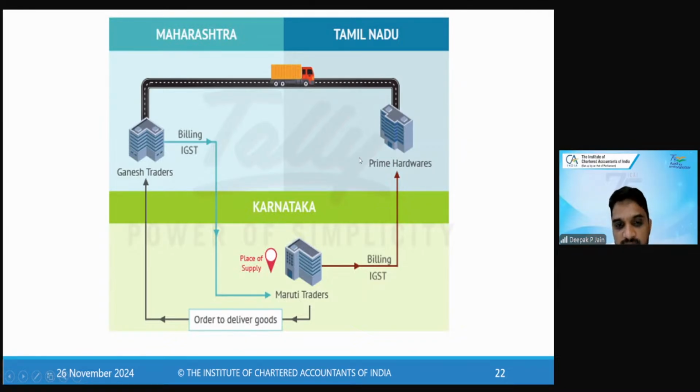Shipping to Prime Hardware, but still it is treated as received by Maruti Traders itself. The proviso to 16(2)(b) gives this relaxation, saying that in case of a bill to ship to transaction, you are treated as the recipient, even though you're not receiving the delivery of the goods.